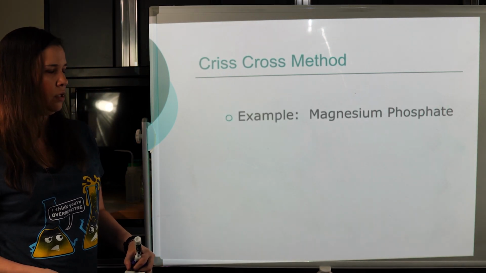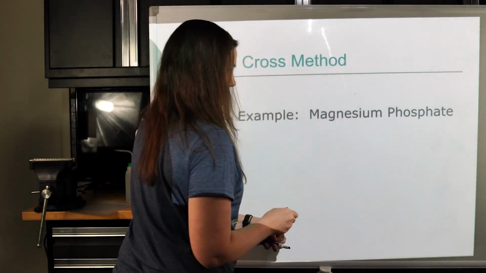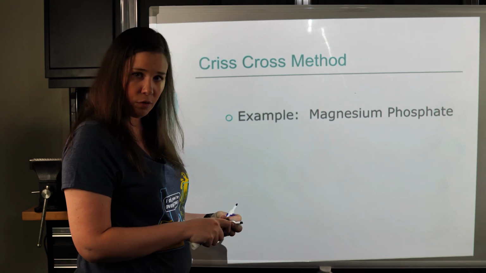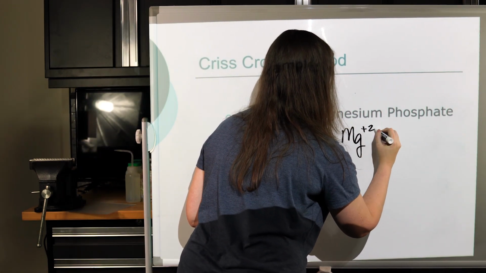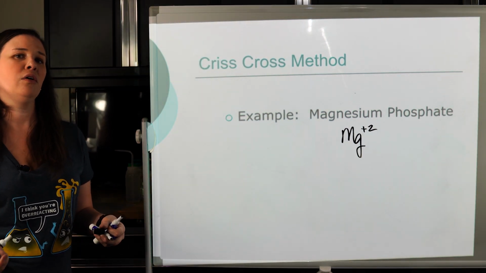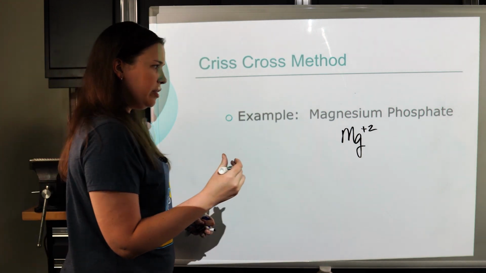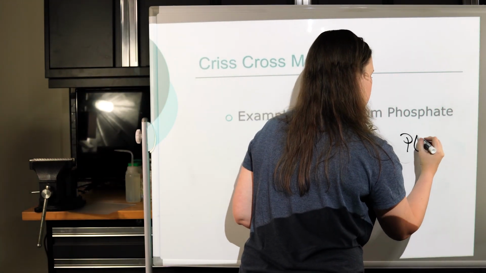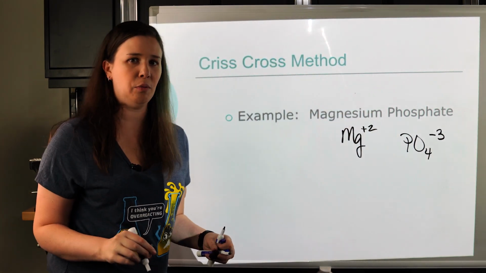Let's also try one with a polyatomic ion, magnesium phosphate. So magnesium is in the second group of the periodic table, so it's Mg+2. But then phosphate is one of your things to know and love. So you're supposed to be able to know what phosphate is off the top of your head. So phosphate is PO4 -3. The charge was part of what we memorized.